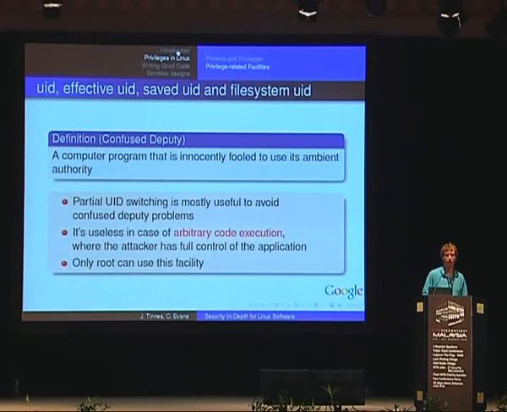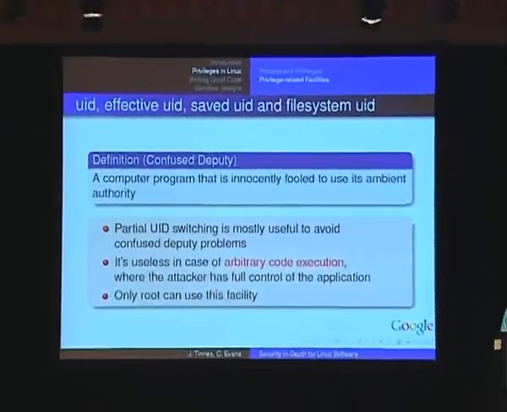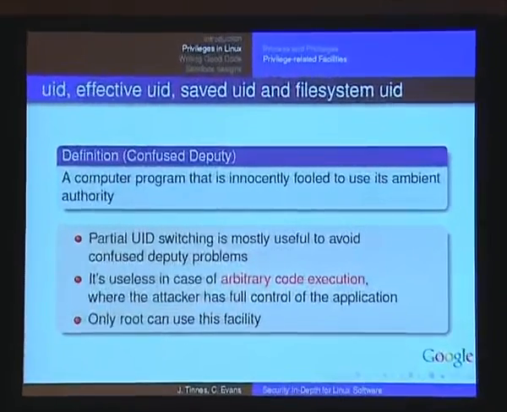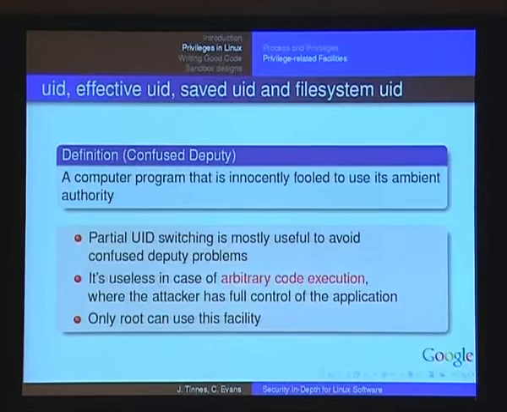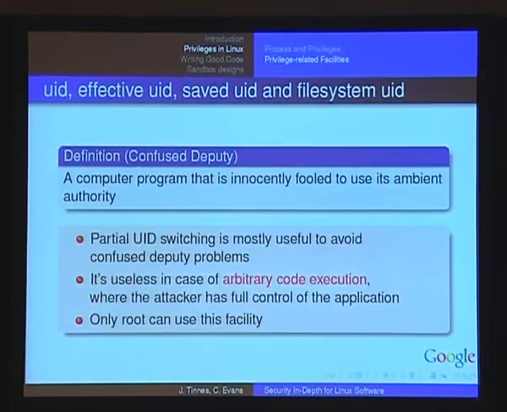A definition that will be useful today is the confused deputy: a computer program that is innocently fooled into using its ambient authority is called a confused deputy. We will see that a lot of the Linux privilege facilities have been designed to reduce confused deputy problems. For instance, partial UID switching is mostly useful to avoid this kind of problem.